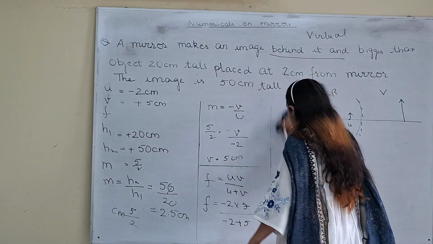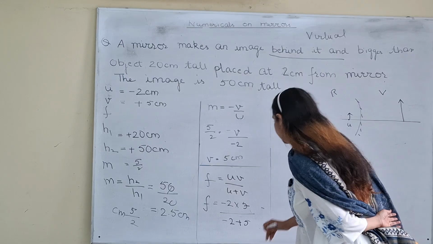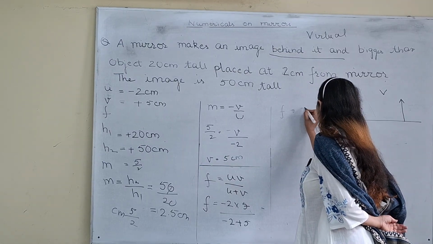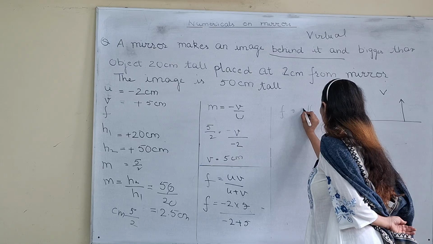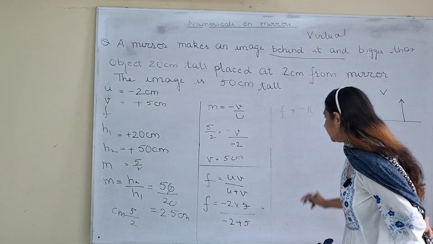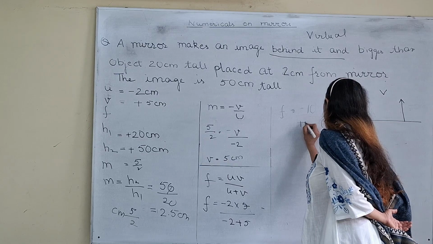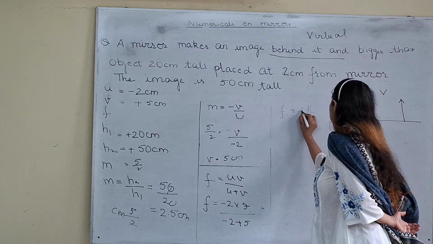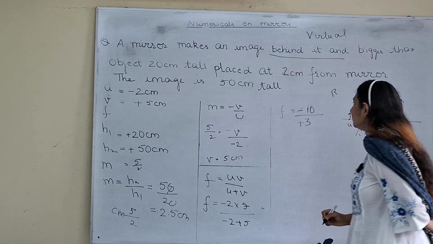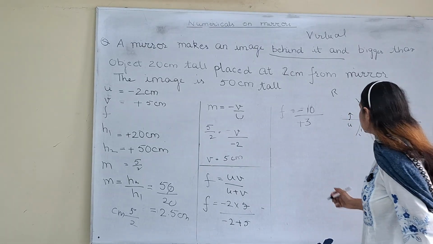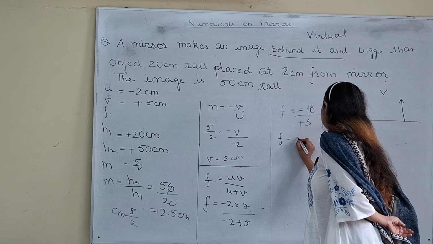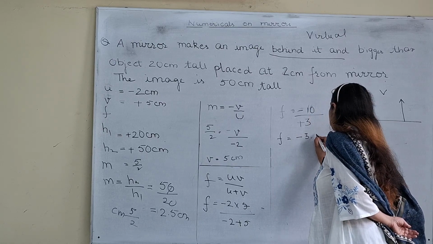Okay, the next calculation becomes minus 10. I'll write it again. It's not coming. It's minus 10, and this will be plus 3. Minus 10 upon 3, which you can just assume as 3.3 or leave it like this only. So focal length is minus 3.3.